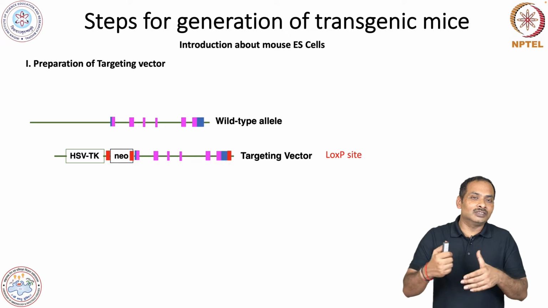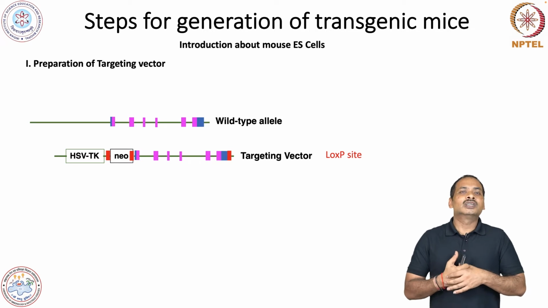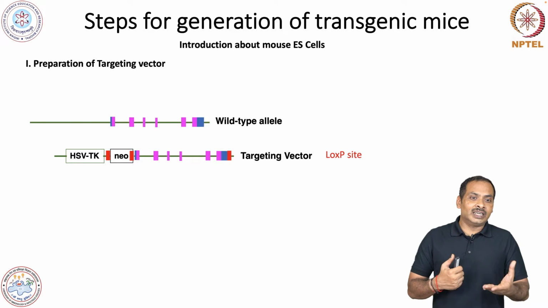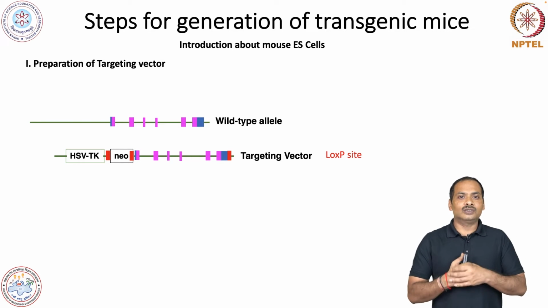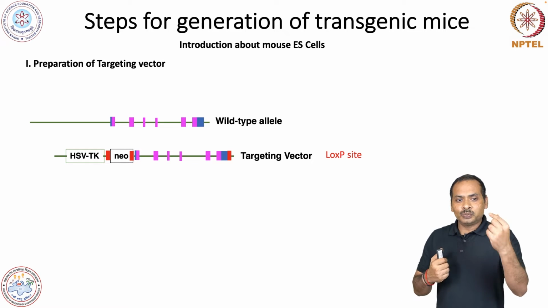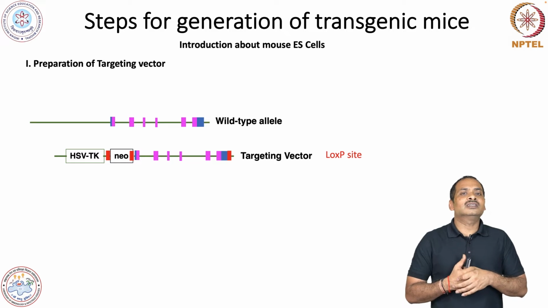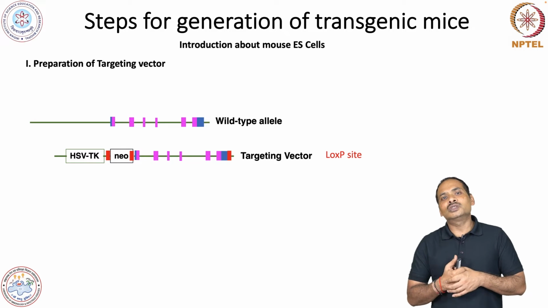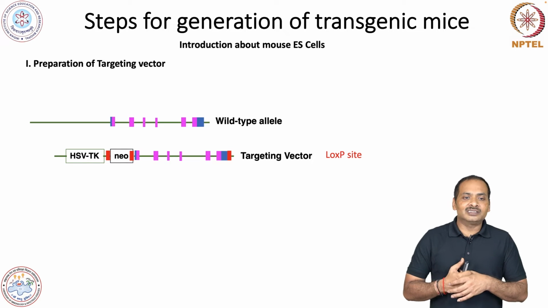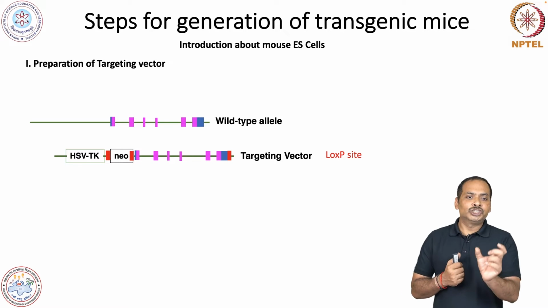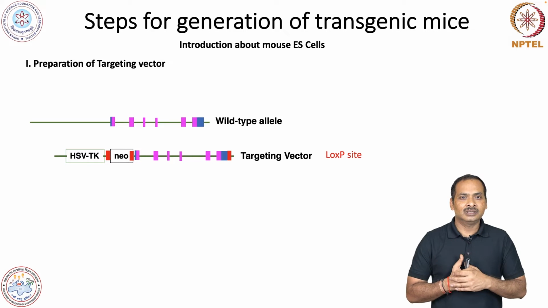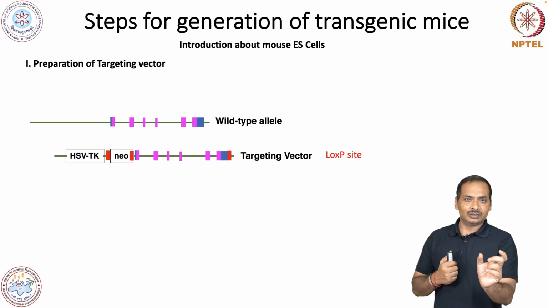Okay. Then you will achieve, I would say, 50% of the conditional knockout mice. So, what is a loxP site? I have one additional slide for loxP sites. When you incorporate these loxP sites, there is an enzyme which we call the Cre enzyme. This Cre enzyme will basically chew off the DNA in between the two loxP sites.